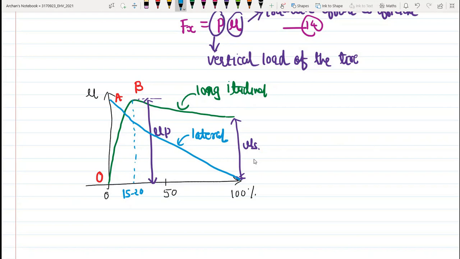In this small slip range, you can see the tractive effort is almost proportional to the slip value. It is increasing linearly. I am talking about this portion where my slip range is very small, say 0 to 15 or 20%. In that case, the tractive effort has a linear relationship with the slip value.